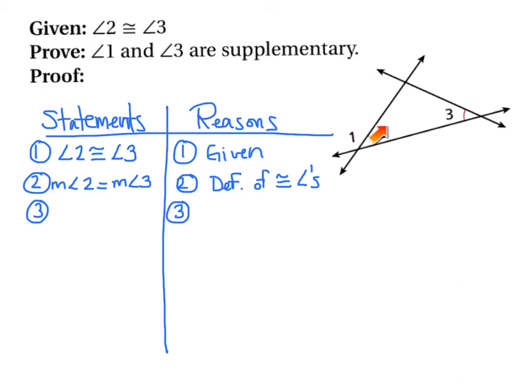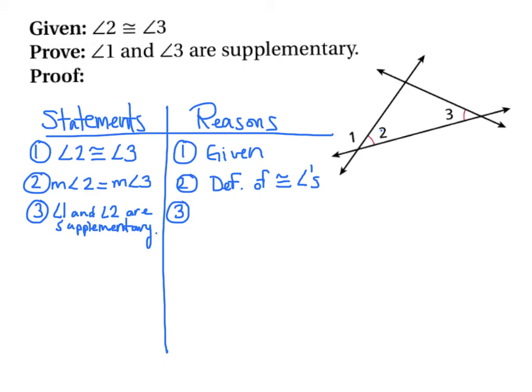What do we know about 1 and 2? We know that angle 1 and angle 2 are supplementary. And here's why. In your bank of reasons, you just added the definition of a linear pair, or linear pair theorem.